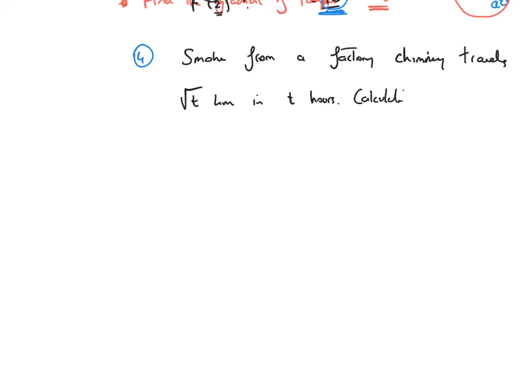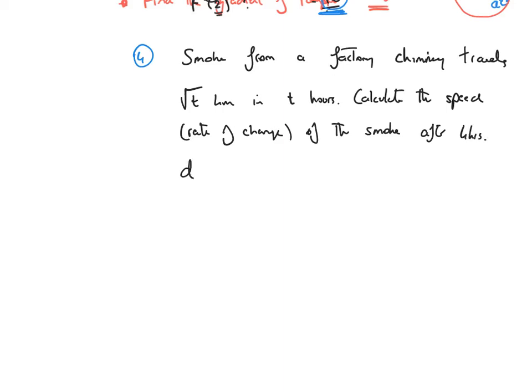Calculate the speed, and then the question gives us a clue. It tells us that the speed is the rate of change, which means I need to differentiate, of the smoke after 4 hours.